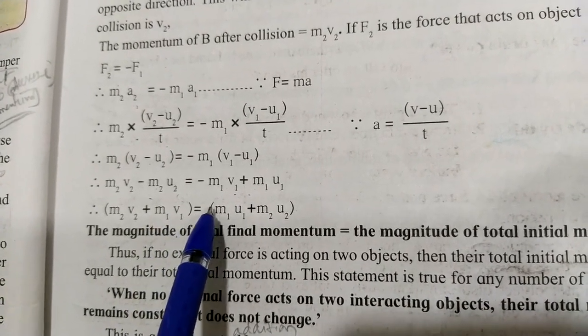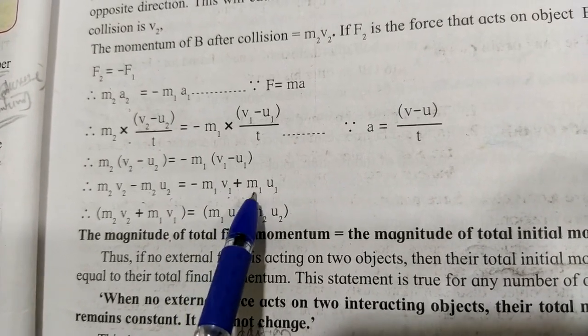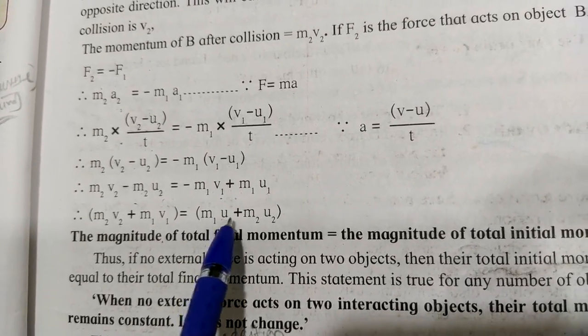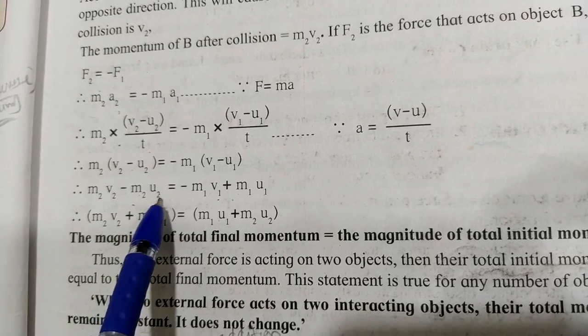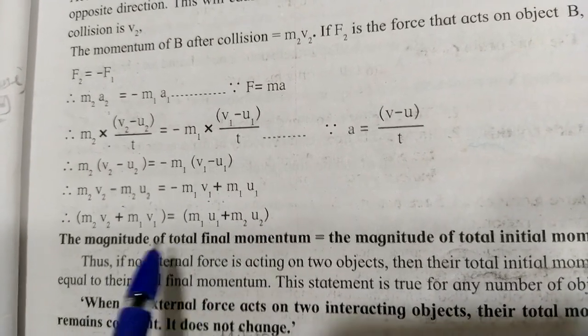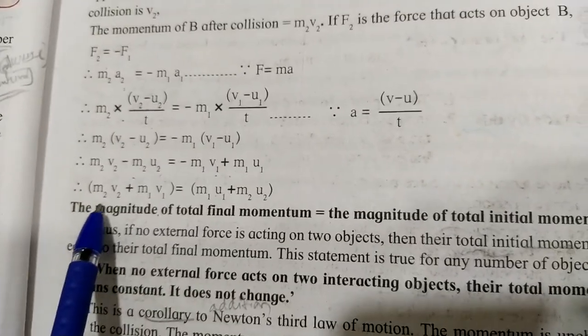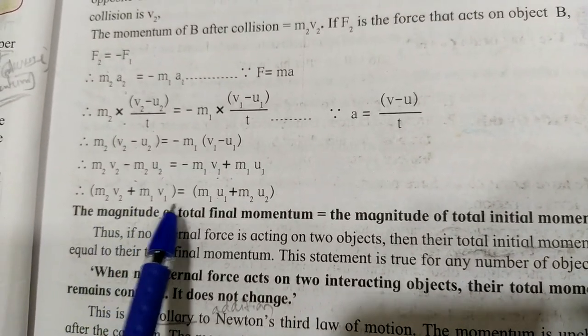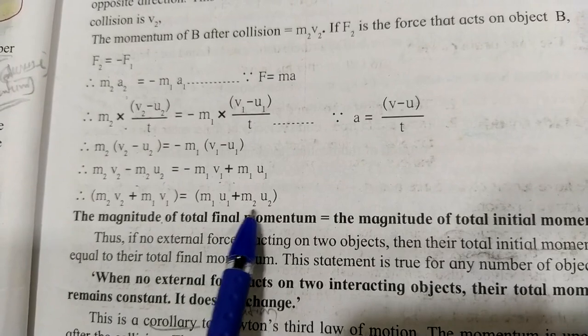And m2 u2 on this side will become plus m2 u2. So we got the final result: m2 v2 plus m1 v1 is equal to m1 u1 plus m2 u2.